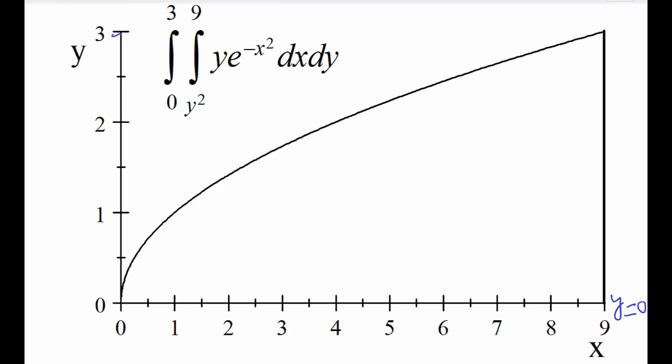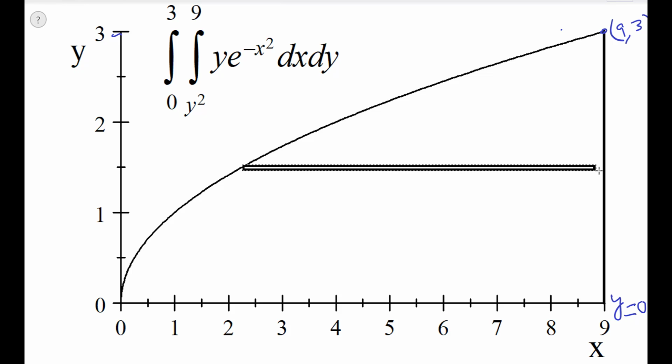Okay, so here y is 3 and x is 9. So first we are varying x, or making variation along the x-axis, informally speaking.